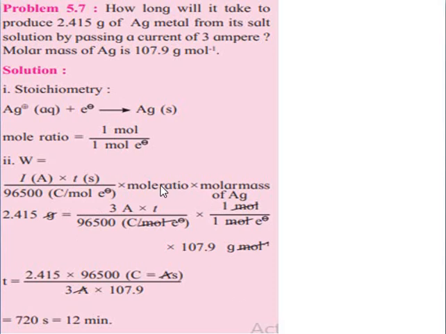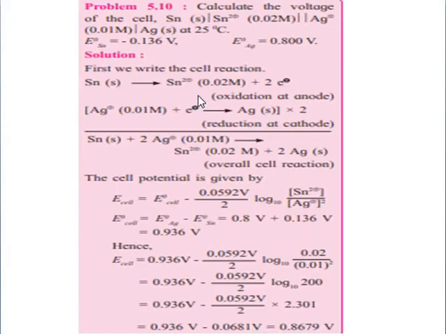This numerical is solved directly or by using log tables. Then numerical 5.10: calculate the voltage of the cell Sn solid, Sn2 plus 0.02 molar, salt bridge, Ag plus 0.01 molar, then phase boundary, silver solid, at 25 degrees Celsius.